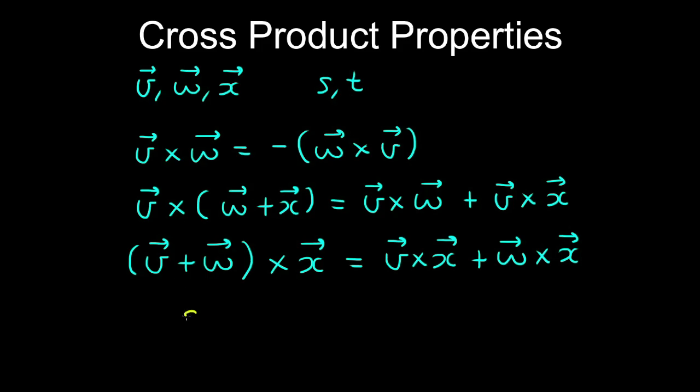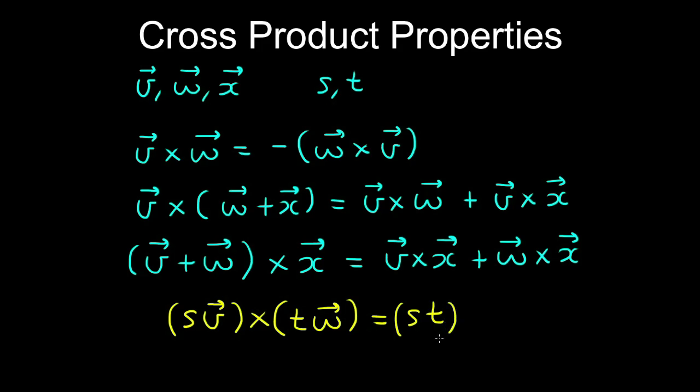And if we take the product of a scalar s with the vector v and cross this vector with another vector resulting from the scalar t multiplied by w, then we can take both scalars outside the cross product. So we take the product of the scalars and multiply that by the cross product between the two vectors.